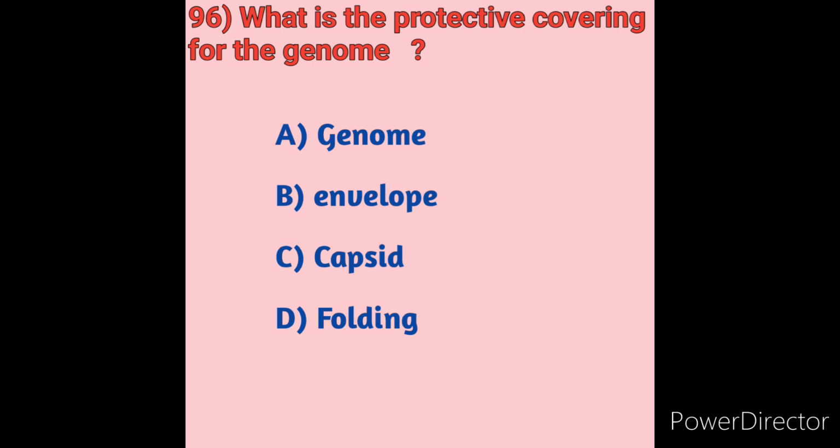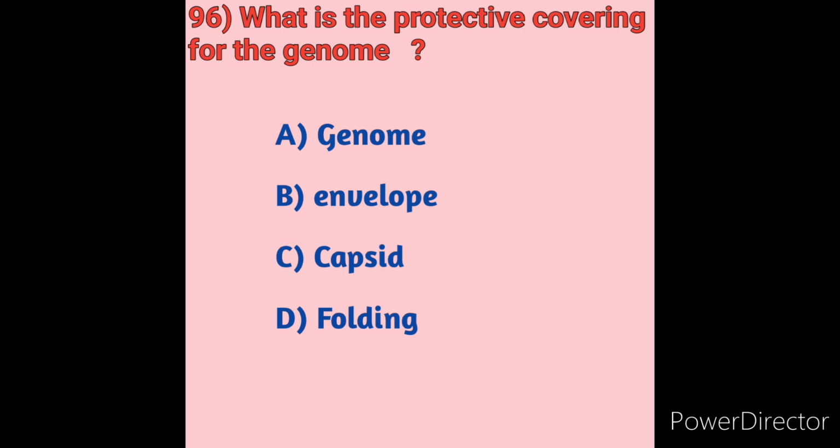The capsid functions as a shell to protect the viral genome from nucleases, and during the infection attaches the virion to specific receptors exposed on the prospective host cell. So here in these options, what is the protective covering for the genome? Here option C is the correct answer, capsid.